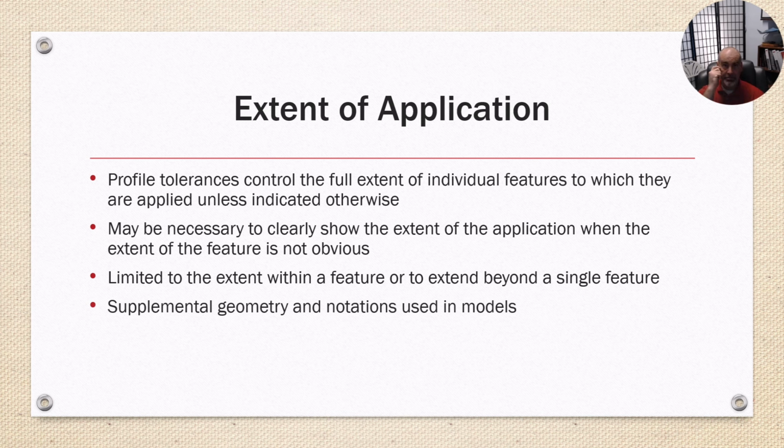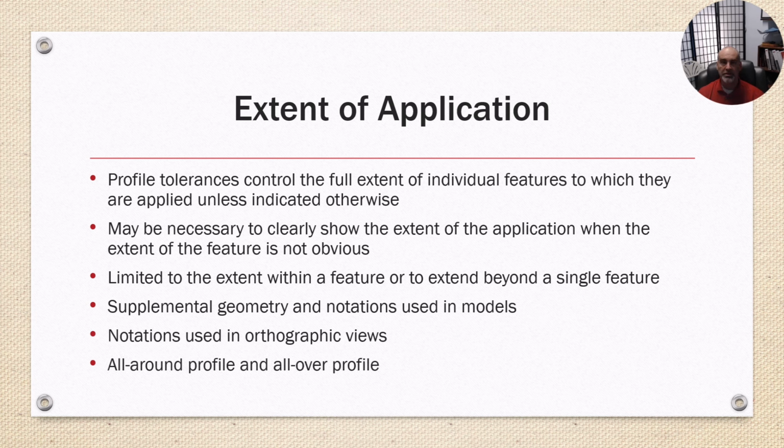And supplemental geometry and notations are used in models. So the model itself's not enough. You'd have to have some geometry on there to tell you what zones, perhaps to measure where the limitations of the tolerance is. And notations are used in orthographic views, and there is an all-around profile or all-over profile symbol.